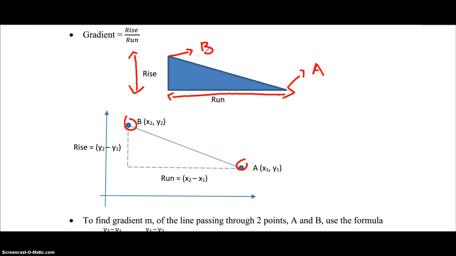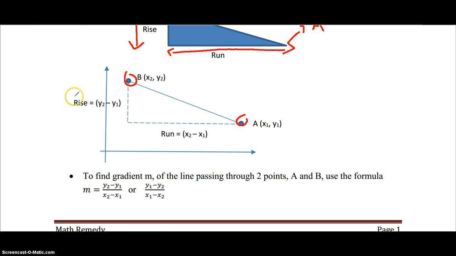You will use this formula: m is equal to y2 minus y1 over x2 minus x1, where m is the gradient of the line.